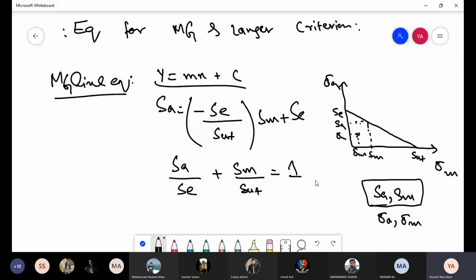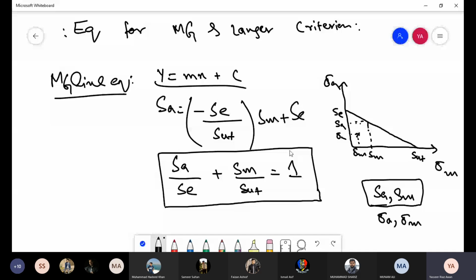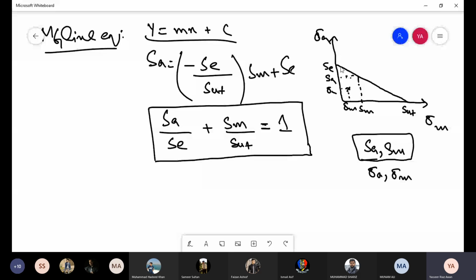So this is the equation for the modified Goodman line. In this form, you can easily see that the alternating stress over its limit, SE, plus the mean stress over its limit, SUT, equals 1, which gives you all the points on this line. So this is not a design equation, because for design we want to be below this line. This is only the equation for this line.